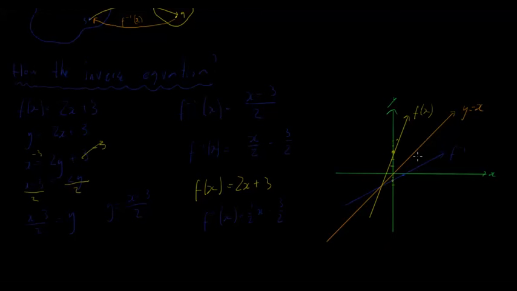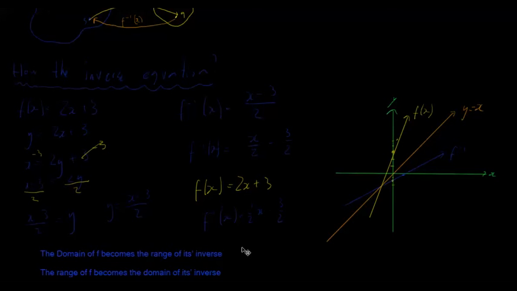That's been flipped there, and that's why the method of switching the x and y's actually works. The other really useful thing is that the domain of f becomes the range of its inverse, and the range of f becomes the domain of its inverse. So the range and domain switch when we switch the x and the y.